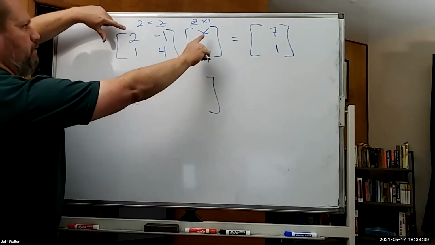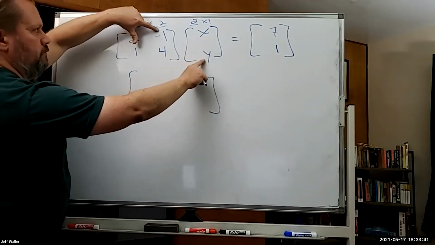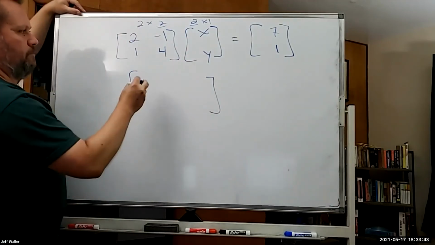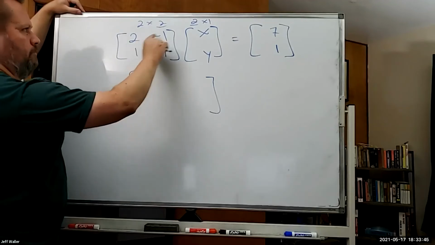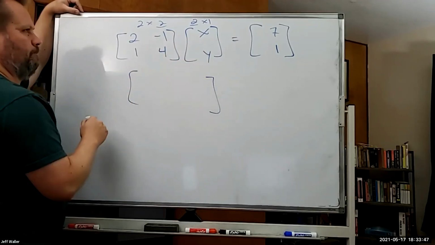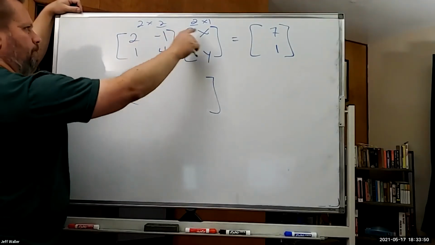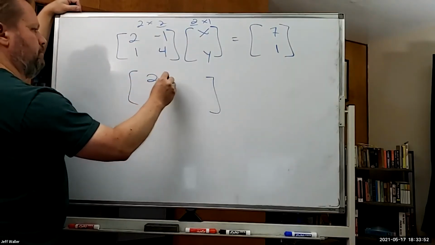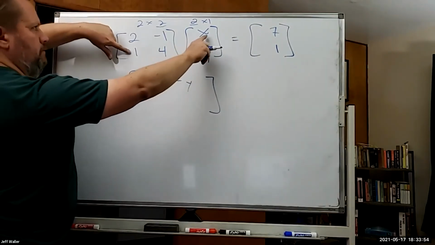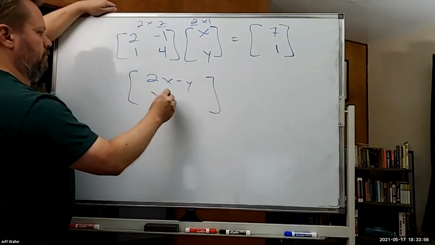What am I going to get? 2x minus y and x plus 4y.